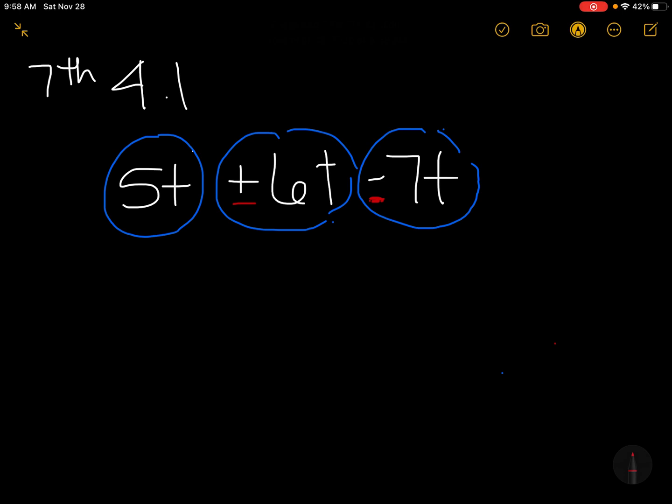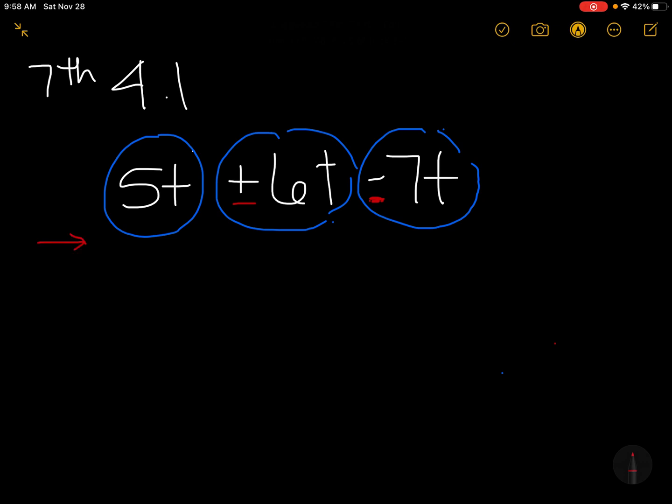We start just like your typical PEMDAS or order of operations. You start from the left and move to the right. There's no parentheses, there's no exponents to solve here, there's no multiplication, there's no division, we only have addition and subtraction.